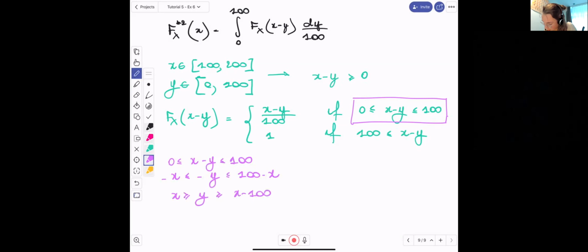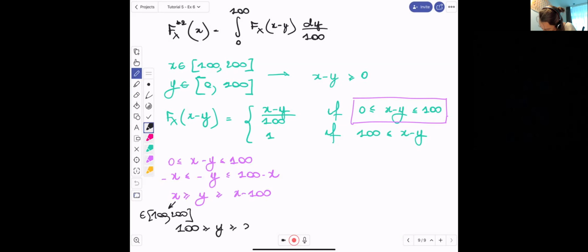But x is an element of the interval 100 to 200, and y is bounded from above by 100, so we're going to change this boundary to 100.